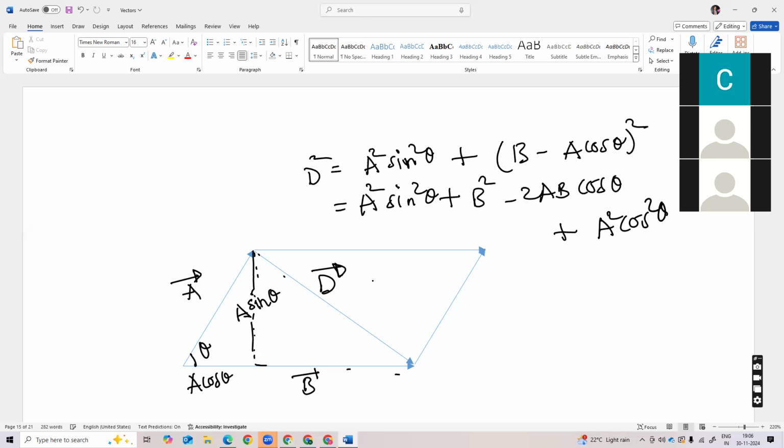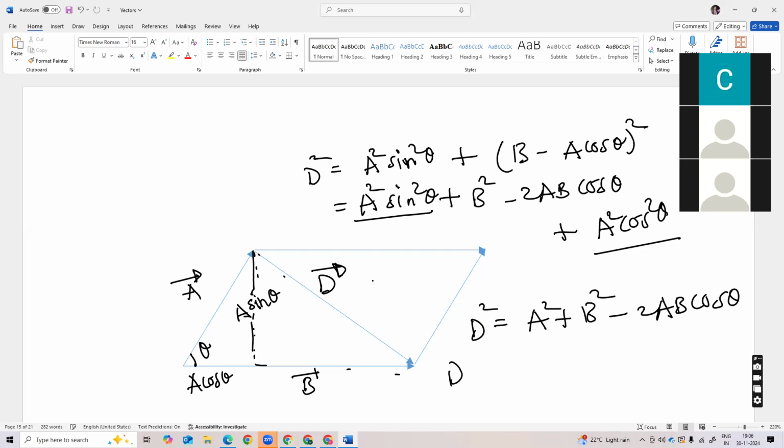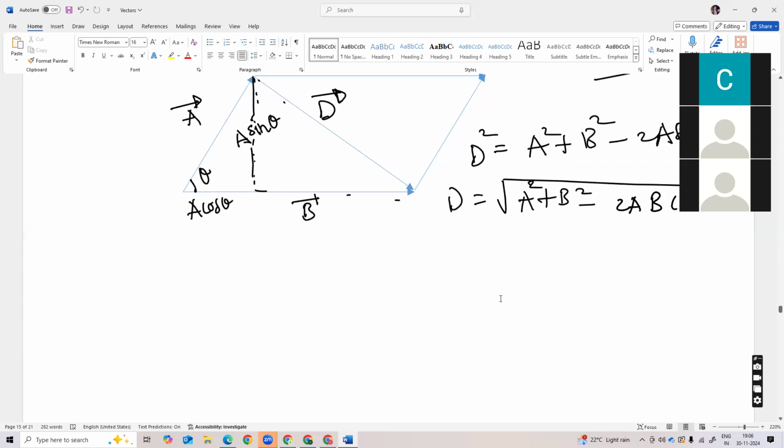Again, A square cos square theta plus A square sine square theta will give A square. So D square we will get as A square plus B square minus 2AB cos theta, and D is the square root of this. So here D is basically the difference between these two vectors, either A minus B or B minus A.